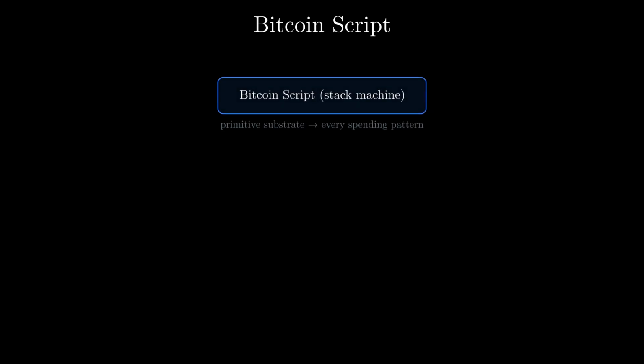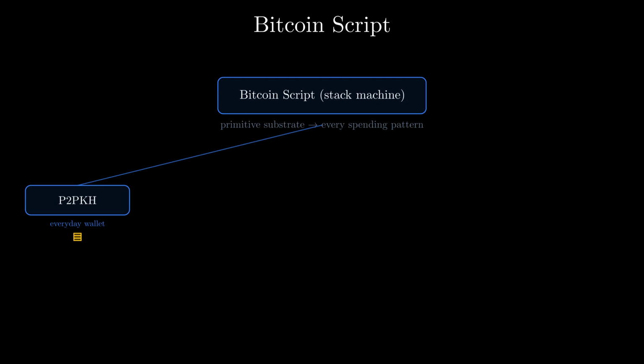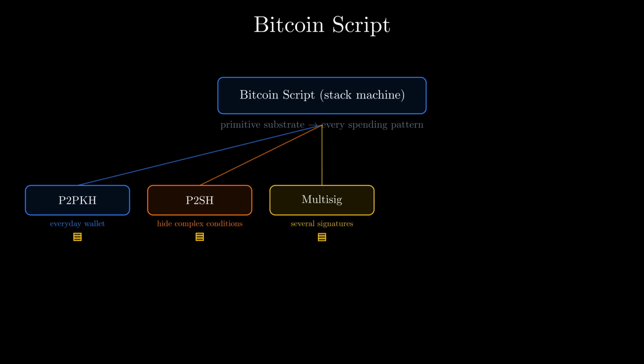From this primitive substrate, every Bitcoin spending pattern is built. Pay to public key hash, the everyday wallet pattern. Pay to script hash, which lets complex conditions hide behind a short address. Multisig, requiring several signatures. Time locks, which delay spending until a future block.